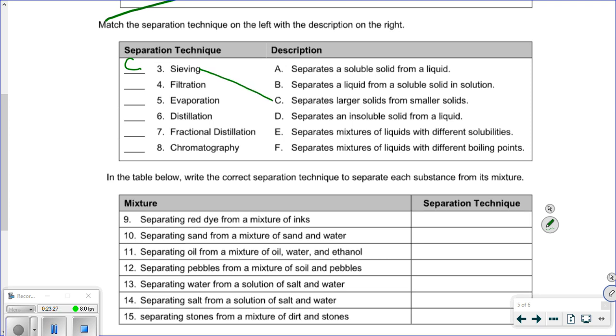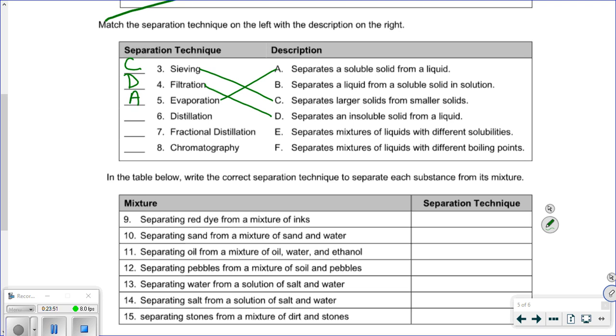Okay. Filtration. Now that's when we have a liquid and a solid, right? Separates a soluble solid. Nope, A doesn't work. An insoluble solid. So this would be D. Evaporation. That's when we have a soluble solid, like our salt water or sugar water. So that would be A.